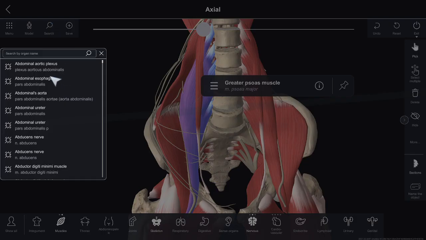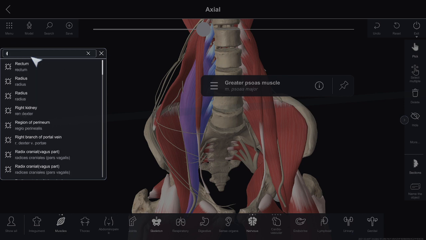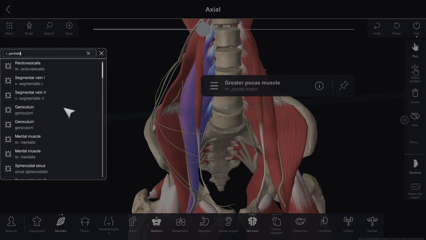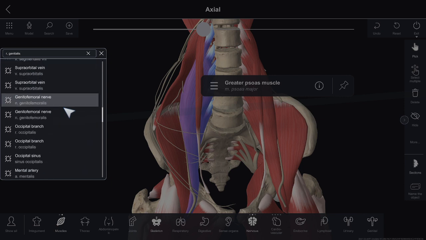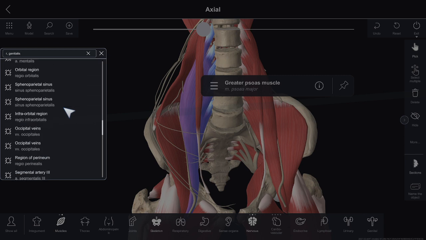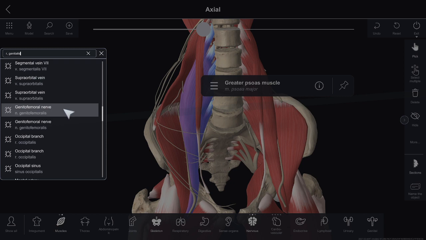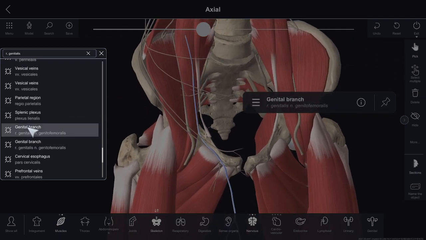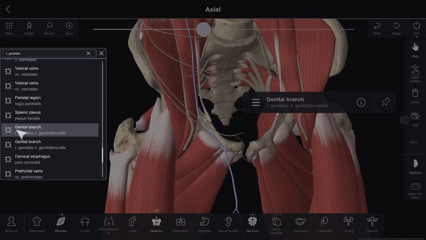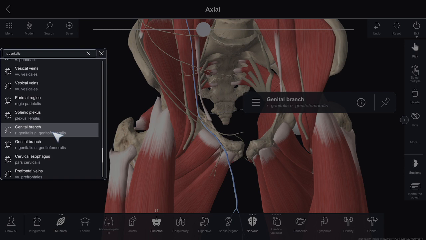So we can find here it is, genital branch, ramus genitalis.